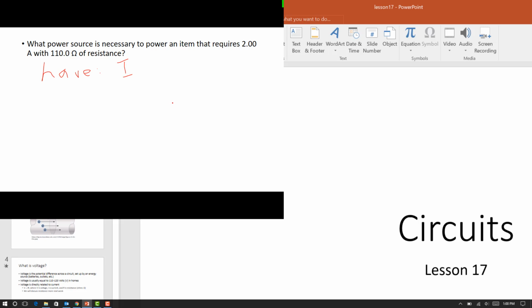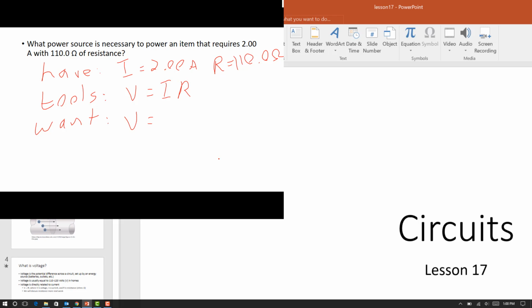We know current, 2 amps. And we know resistance, 110.0 ohms, good. And tools, we're going to use the same tool we used previously. Voltage is equal to current times resistance. And what do we want? Now we want voltage, so it's good. Our tool's already in the right form.